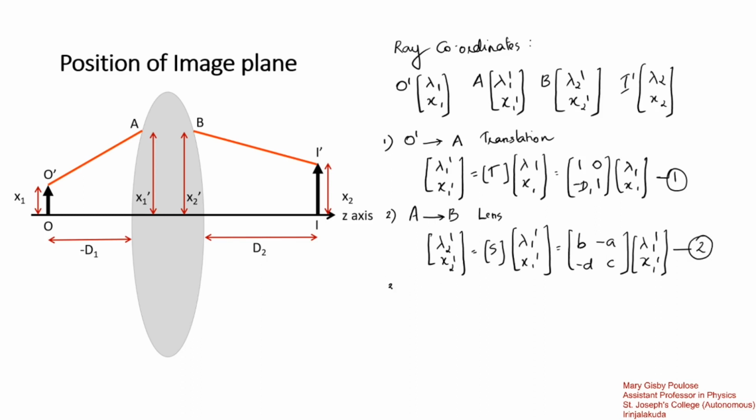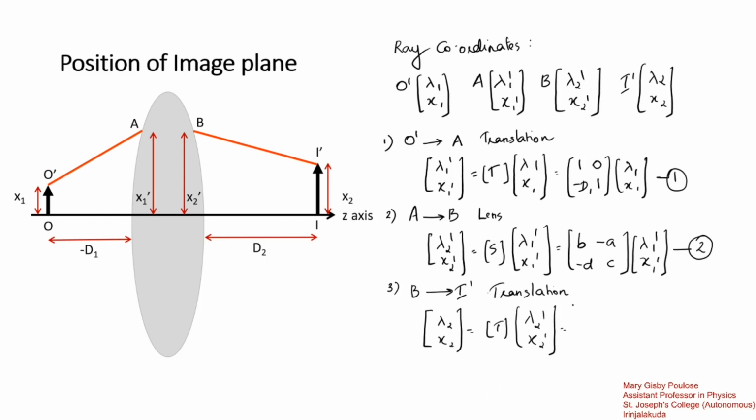Now the third operation light undergoes is again from B to I dash, light undergoes translation. Right? So I can mathematically write this as lambda 2, x2 is given as translation matrix operating upon lambda 2 prime, x2 prime.